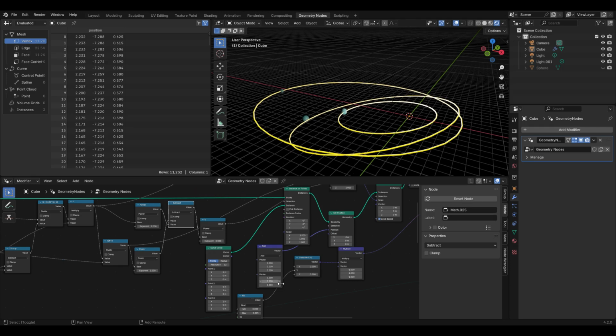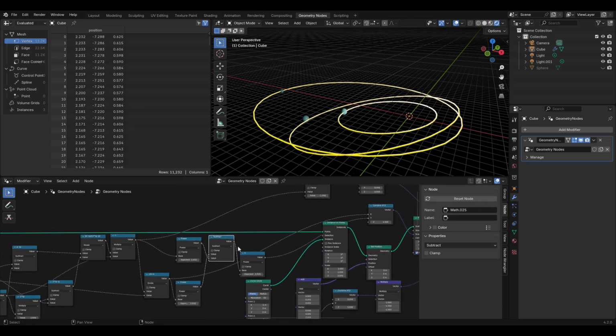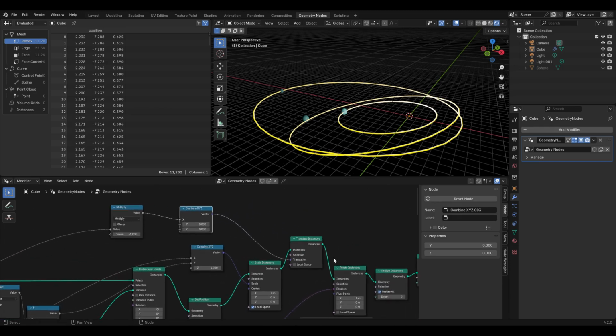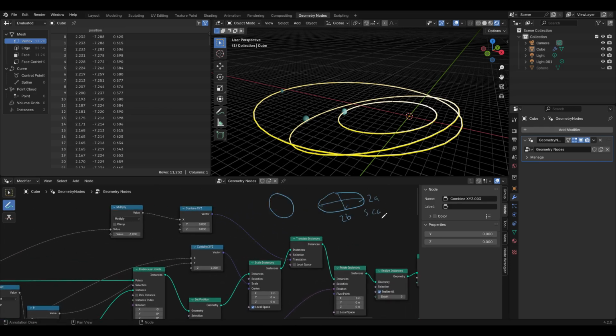And then what I'm doing here on the instances, I'm setting the position to 0 so that each is centered about 0. If you don't, then they're centered on the points that they were actually instanced upon on that curve.